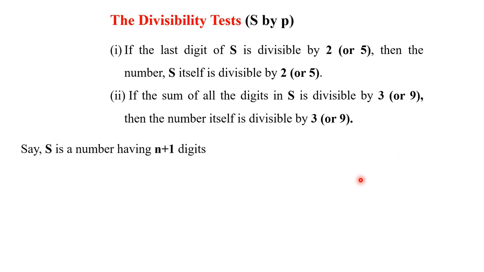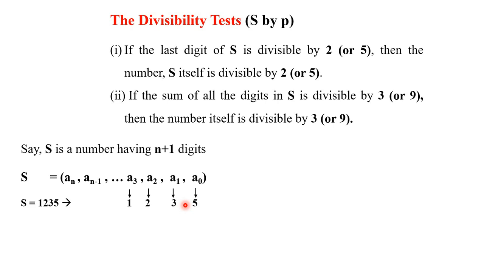What we are basically doing, let us see. Suppose that S is the given number, the digits are A0 to An, so it's an n plus 1 digit number. For example, if the number is 1235, the digits are like this: 5 is A0, 3 is A1 and so on.